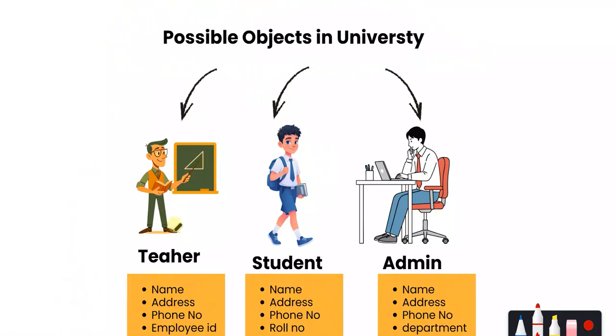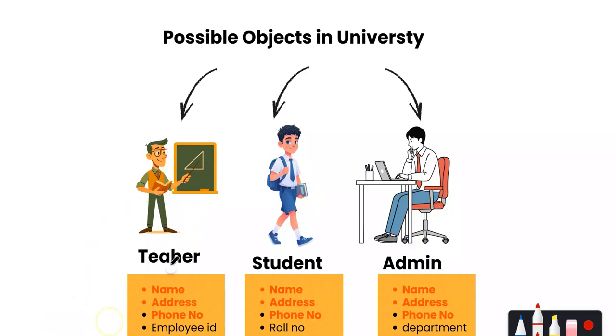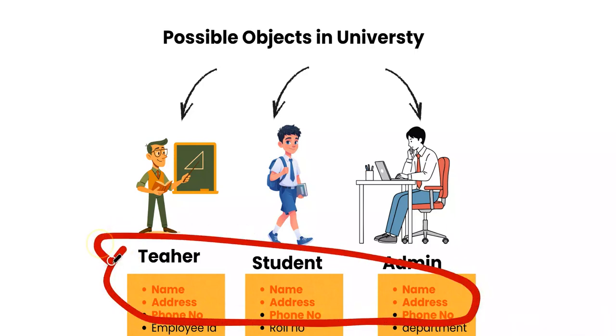And once you decided, then you write the required data members. You write some data members for the teacher, some for the student, and some for the admin too. But here you can see that the problem arises: some of the data members are repeatedly used for teacher, student, and admin.